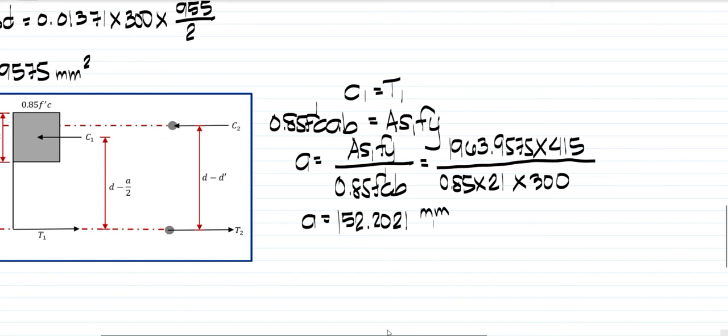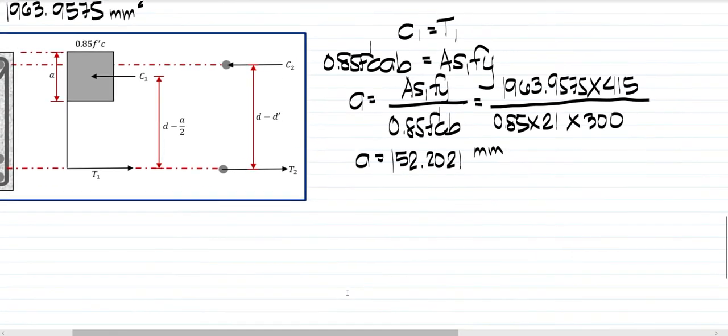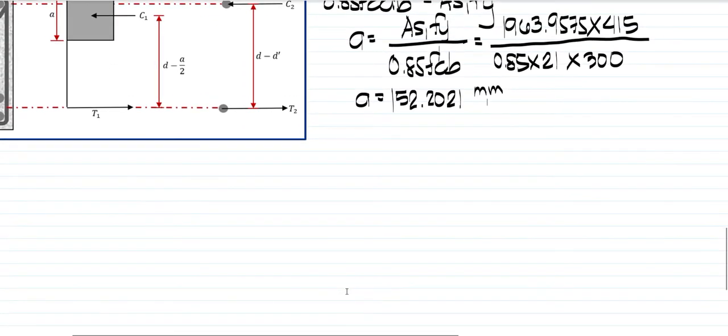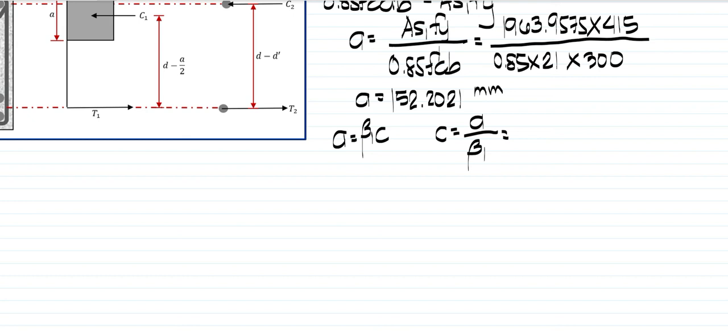After getting this depth of compression block, we can proceed in getting the depth of the neutral axis, or the distance from the extreme compression fiber to the zero strain, which is the value C. That will be coming from a = beta 1 C, or C = a over beta 1. Substituting the values, we have 152.2021 divided by beta 1, which is 0.85 since our f'c is less than 28.